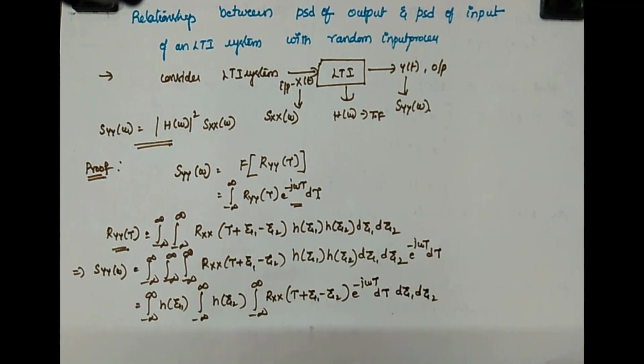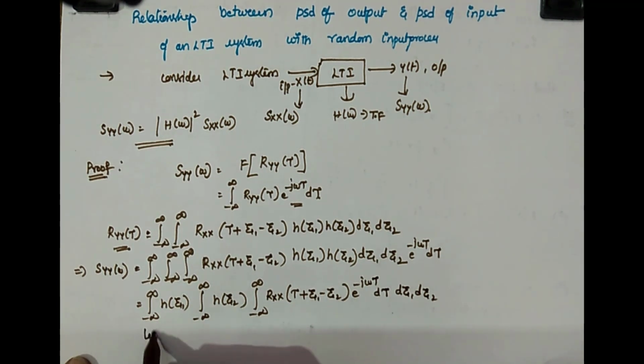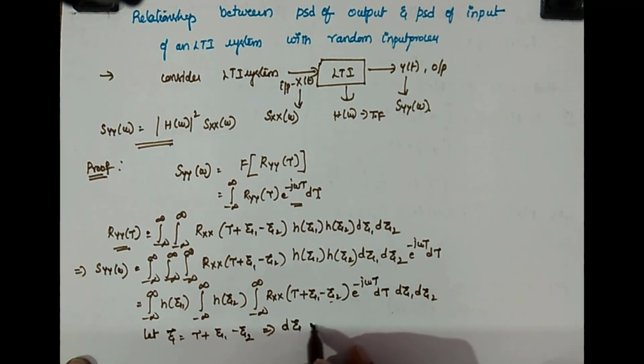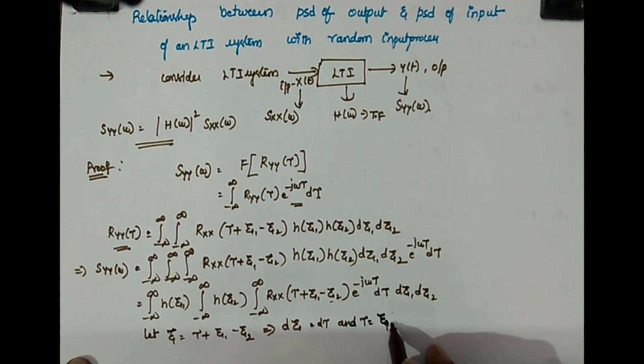Now let delta be tau plus delta 1 minus delta 2. I'll get d delta as d tau, and you can write tau as delta minus delta 1 plus delta 2.